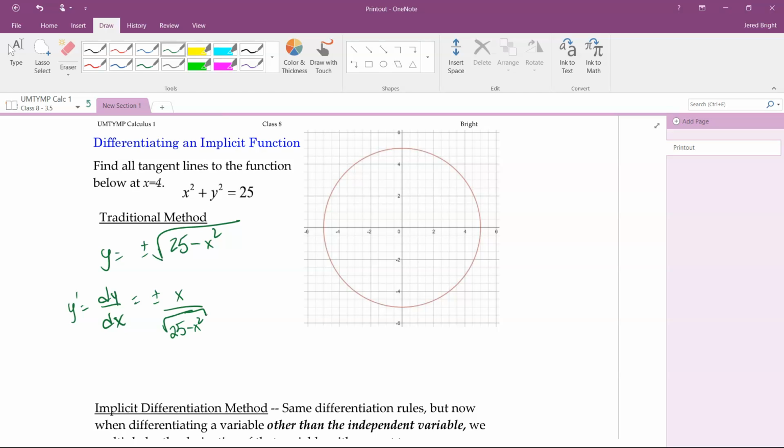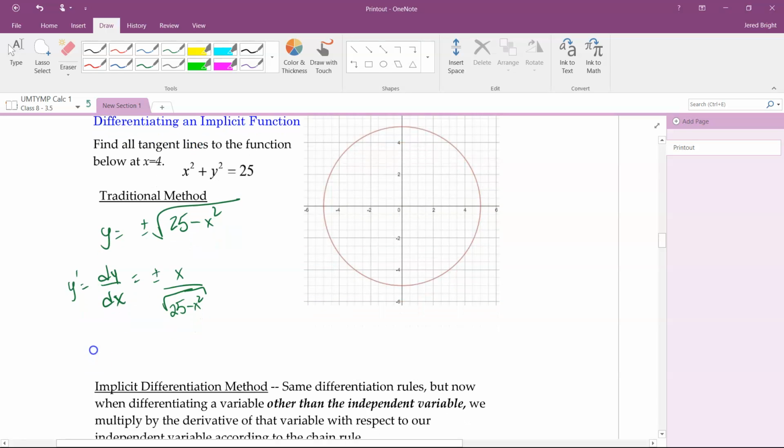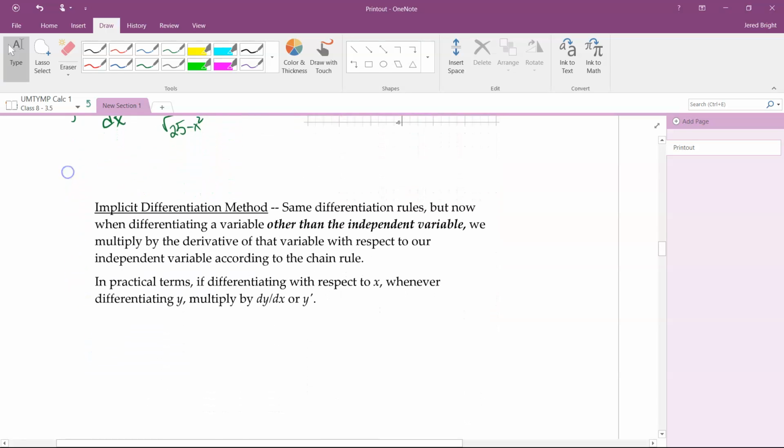Now this works using the traditional method for this particular exercise, but in some of the other instances, you can't. So what we're going to use is a method called implicit differentiation. Effectively, our rules of power rule, product rule, quotient rule, and chain rule all still hold, but the key difference is that we're differentiating a variable other than the independent variable, so other than x, with respect to that independent variable.